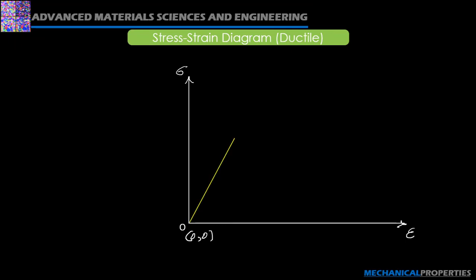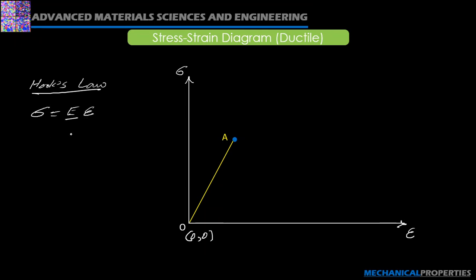we observe that till point A, the material follows Hooke's law. From 0 till A, the material follows Hooke's law, which means that stress is equal to E epsilon.